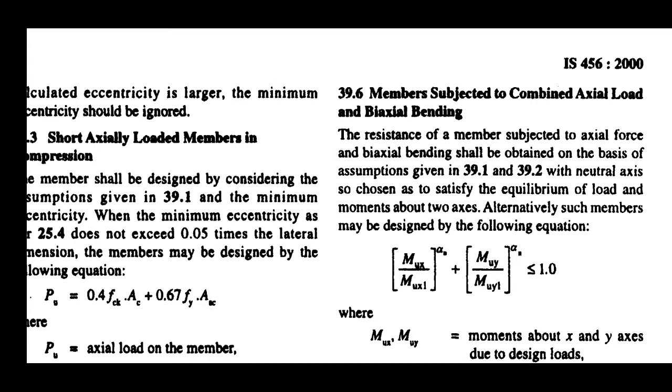Design of column which is subjected to axial load and biaxial bending is based upon this clause. The resistance of a member subjected to axial force and biaxial bending shall be obtained on the basis of assumptions given in 39.1 and 39.2 with neutral axis so chosen as to satisfy the equilibrium of load and moments about two axes.